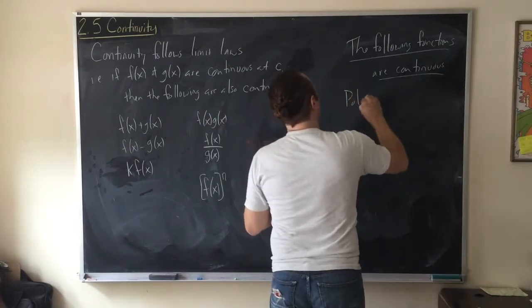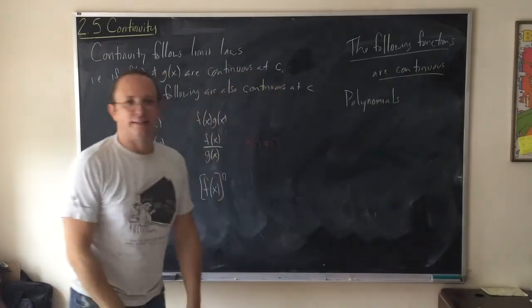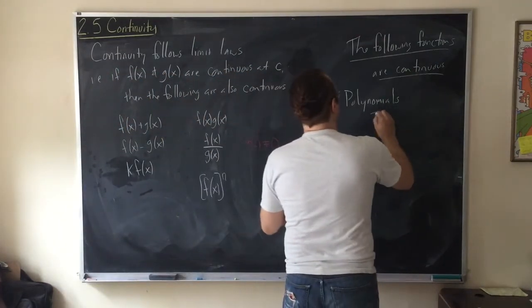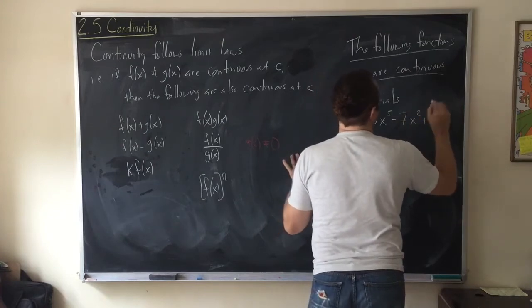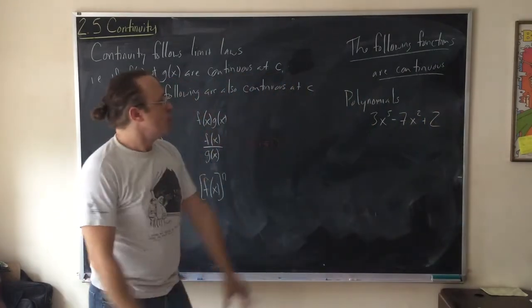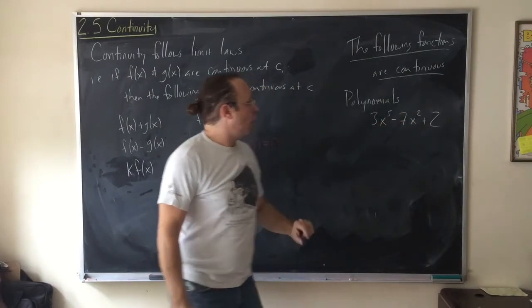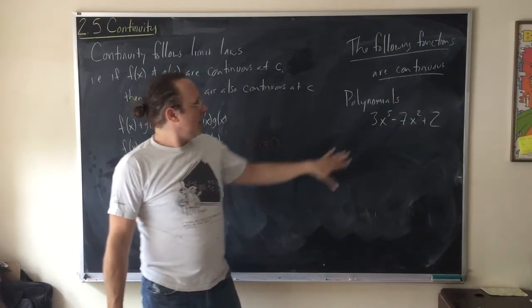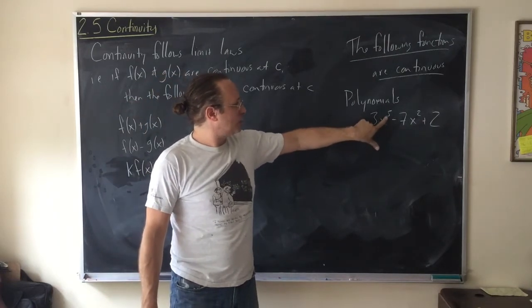Okay, so first of all, polynomials are continuous. Those are things of the form like 3x to the 5th minus 7x squared plus 2. I don't know, things like that. Notice that all the powers are integers. And notice that all you've done is you've multiplied 3 times x to a power.